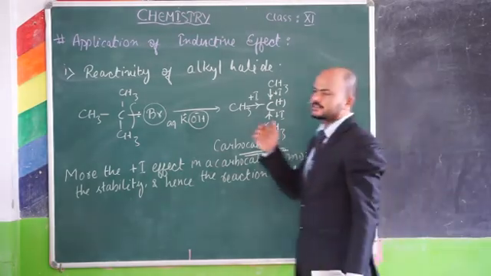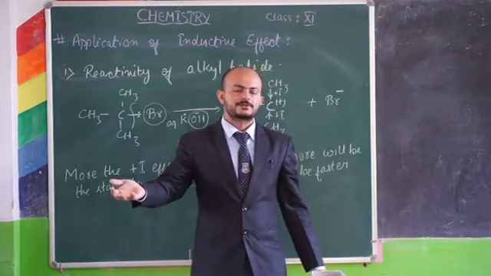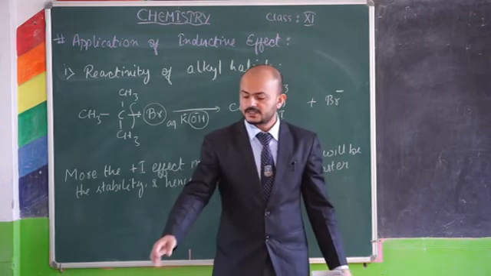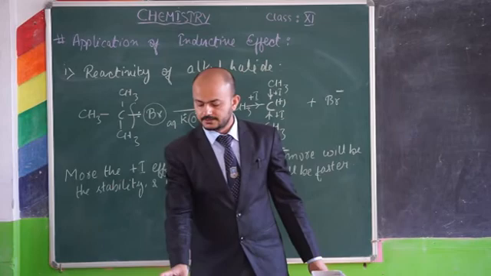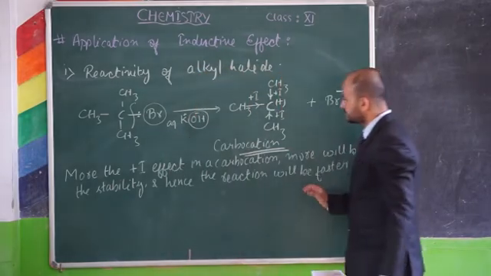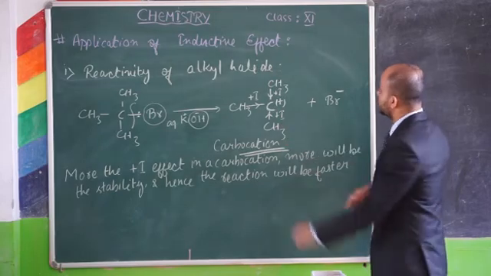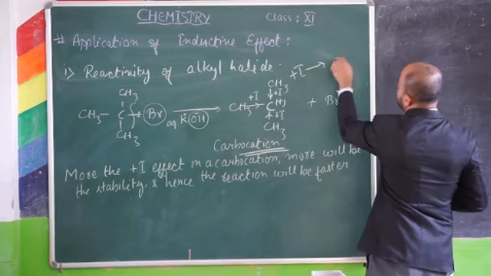So just we have to see it this way. If there is carbocation, more is the number of plus I effect, more will be the stability of the carbocation, and faster will be the reaction. So this is clear. Now here, how many plus I effects do you have? 3 of them.